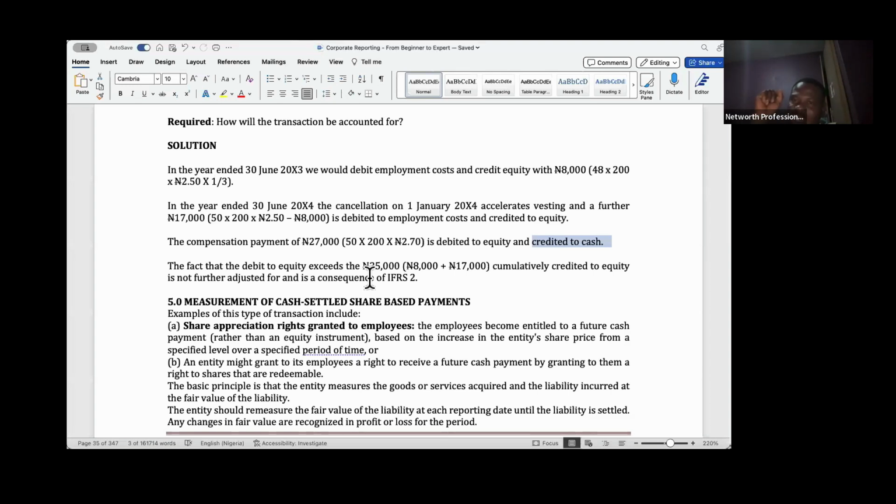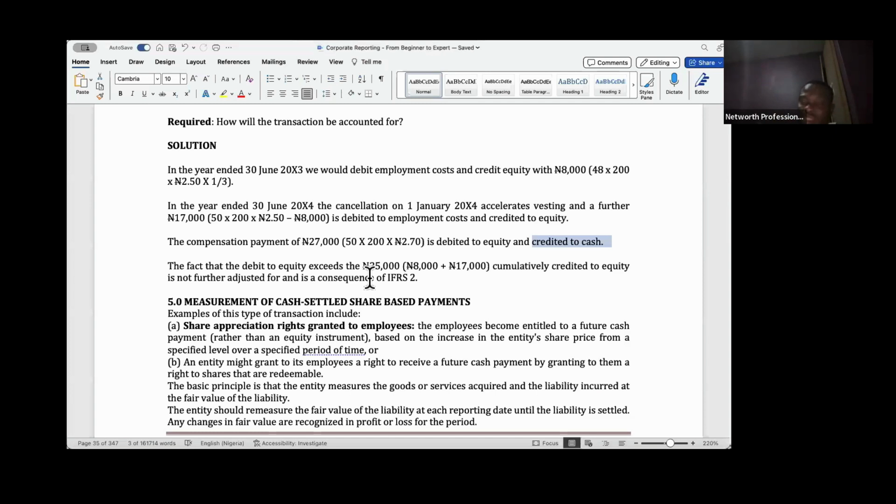Because this is a liability, which is an obligation, at the end of each year, before the time when we are going to actually settle this liability, the cash settled transaction, or the liability, will be valued or measured at the fair value of the share option, or whatever it is we are giving, at the reporting date, at the year end.